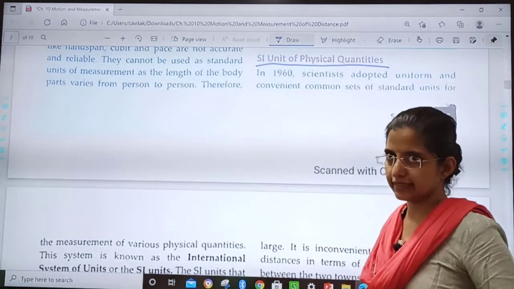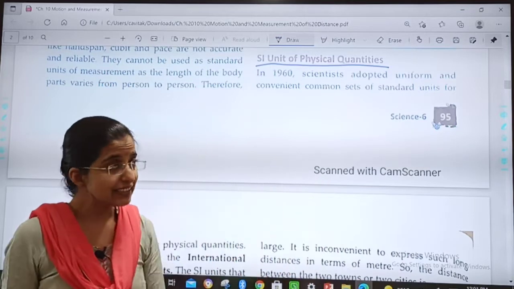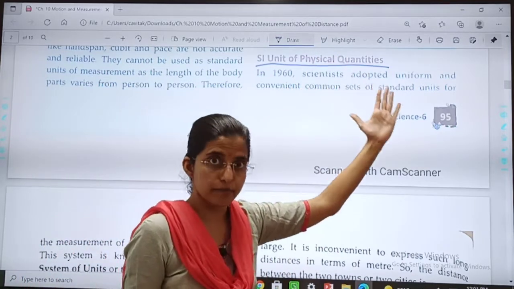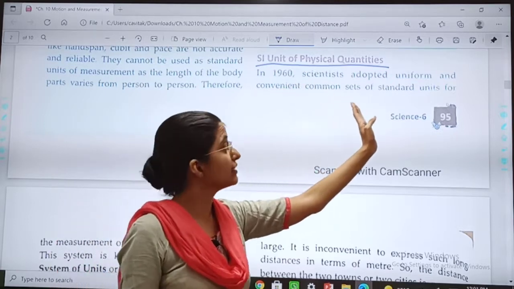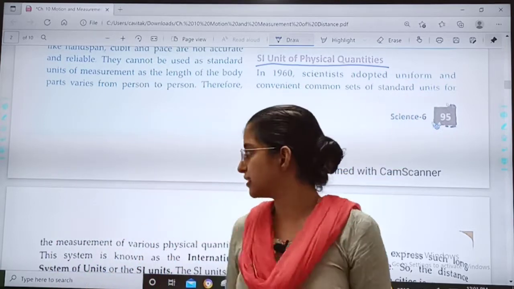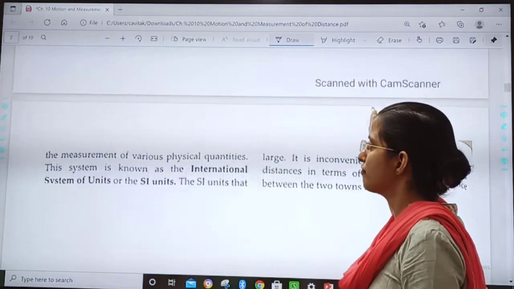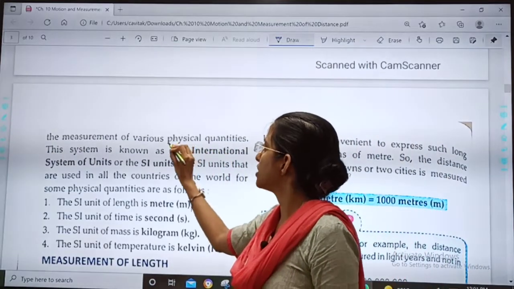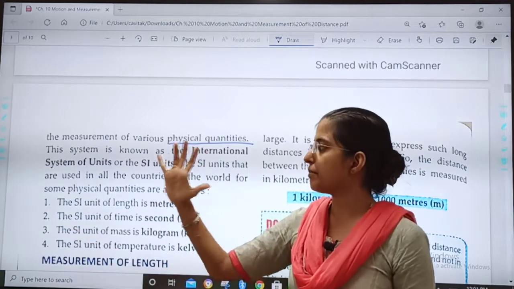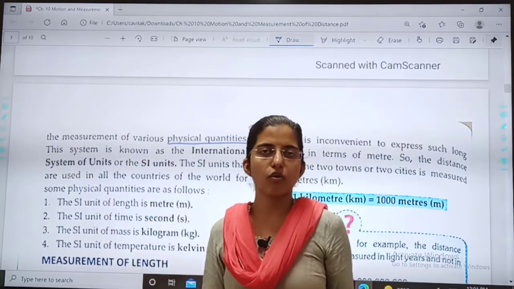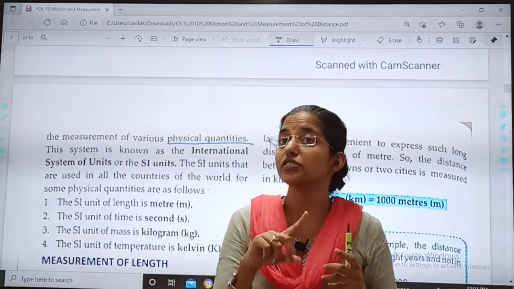Now what is this? So in 1960, scientists adopted uniform and convenient common sets of standard units for the measurement of various physical quantities, because if we were using other systems, for example hand span or so on, the measurement was not uniform.